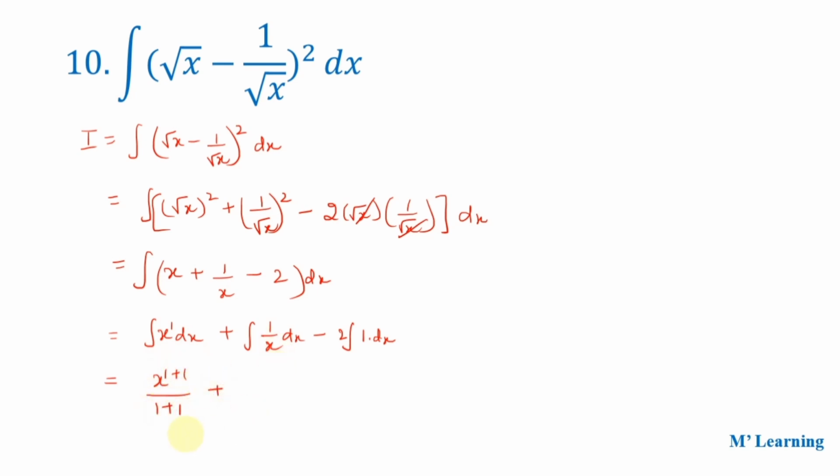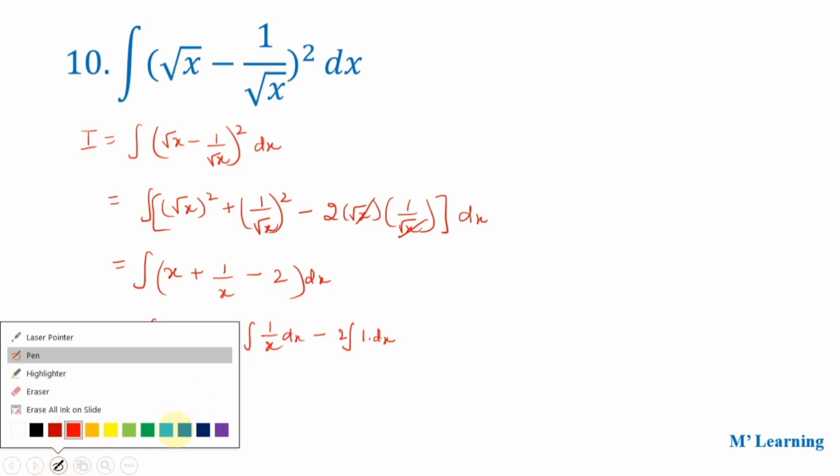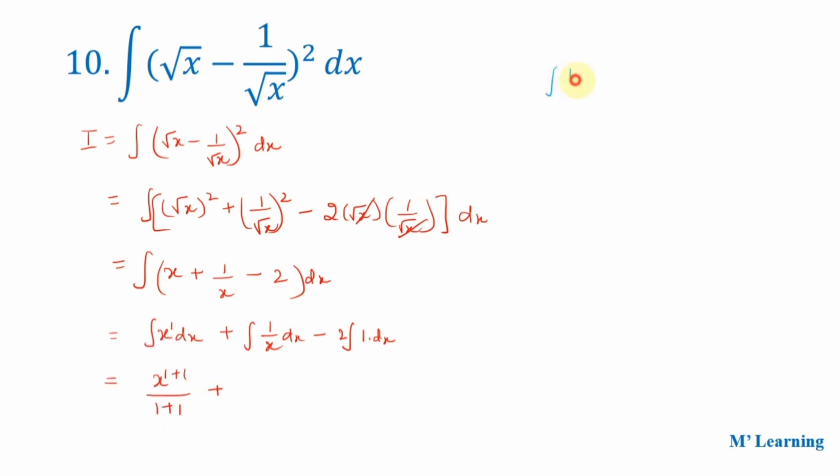Now plus 1 by x: the integration of 1 by x is log of x. Minus 2, and the integration of a constant is x, so it becomes 2x plus c. So basically our answer is x² by 2 plus log x minus 2x plus c.